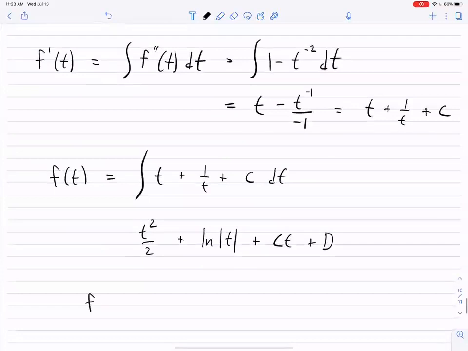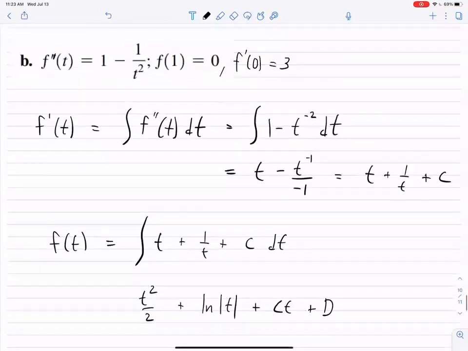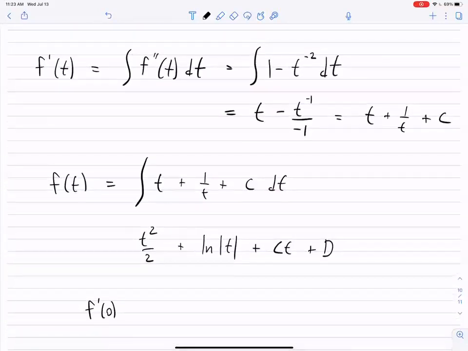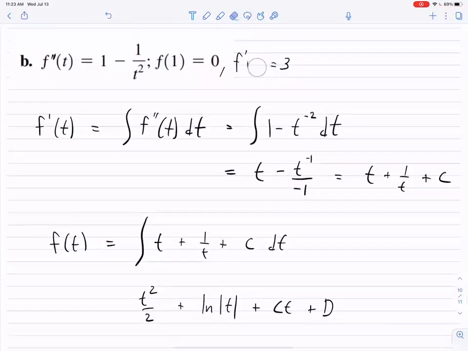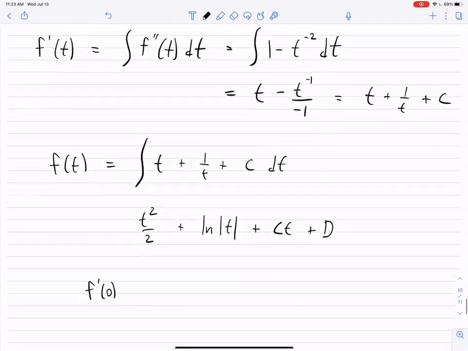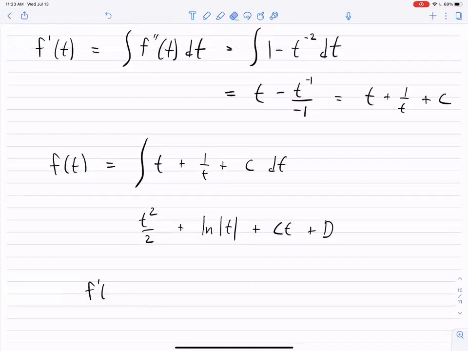And so if f prime of 0 is equal, oh, actually it can't be 0 because that won't work. Let me make this f prime of 1 equals 3, because if you plugged in 0, it wouldn't work. So f prime of 1 is equal to 1 plus 1 over 1, just plugging in, plus c, but by the initial condition, that's equal to 3.